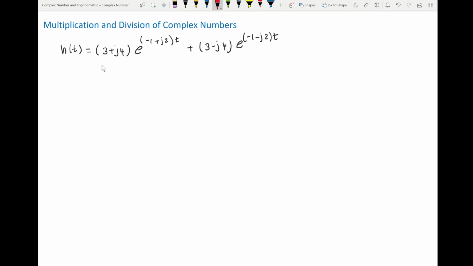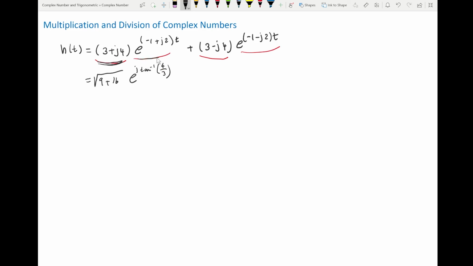So the first thing we will do, we will convert these complex numbers to a polar form so we can multiply it by this function. So the magnitude of this one will be the square root of the real squared, 9, plus the imaginary squared, and the angle or the phase of this one will be e^(j tan⁻¹(imaginary/real)).